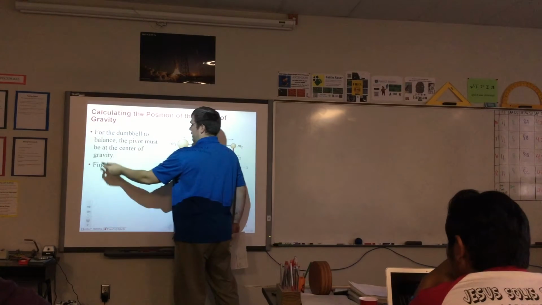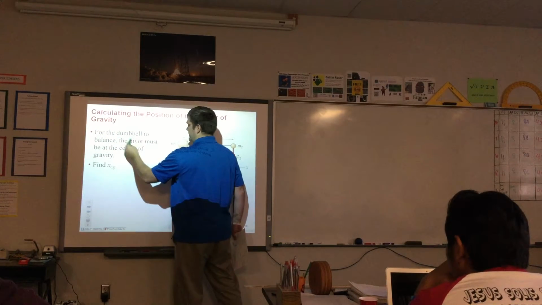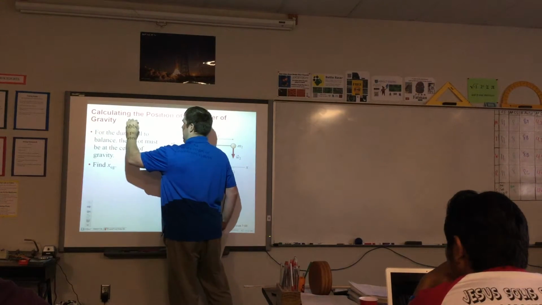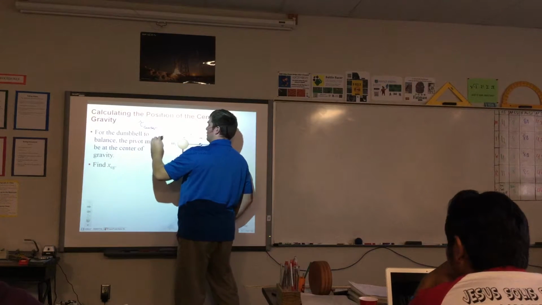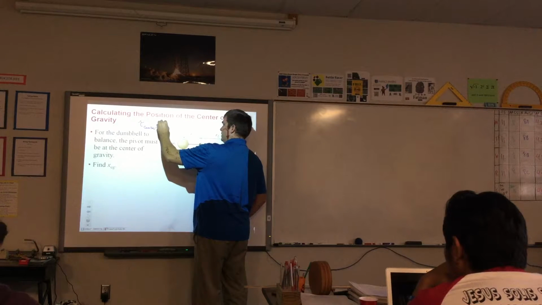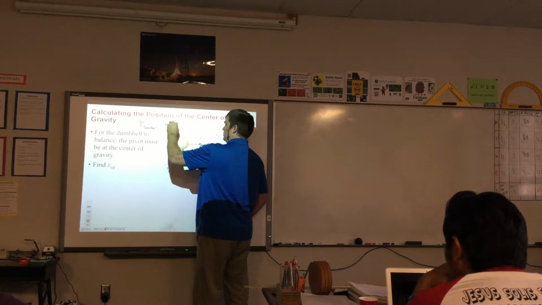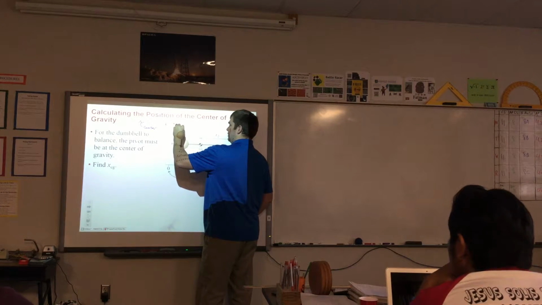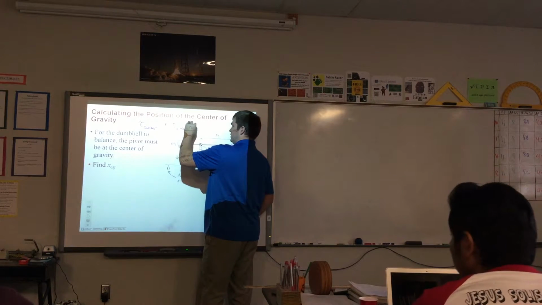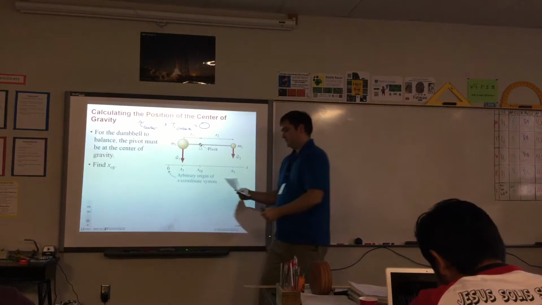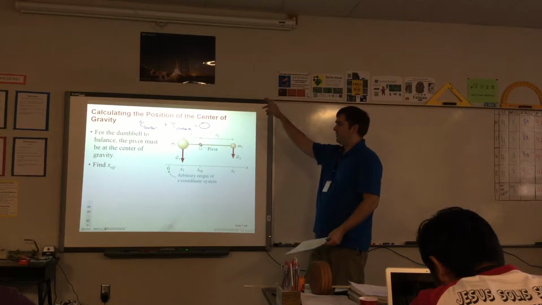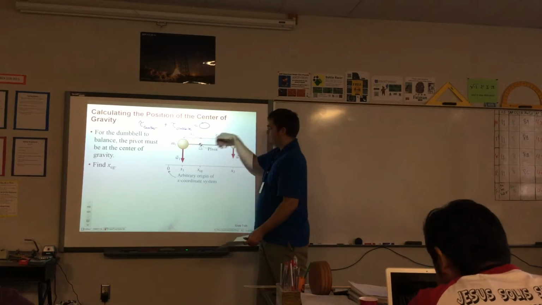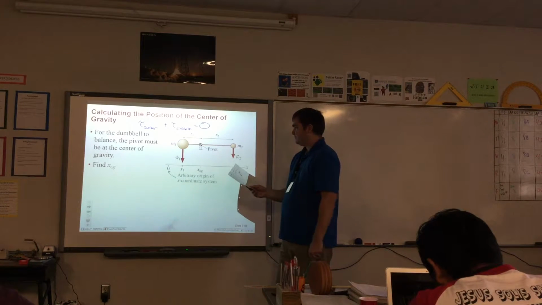So since it's completely balanced out, we could say that the torque counterclockwise plus the torque clockwise equals 0. That's the big picture, where they're both completely canceling each other out.